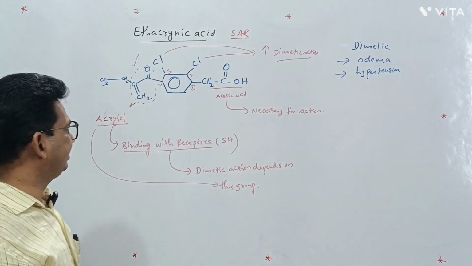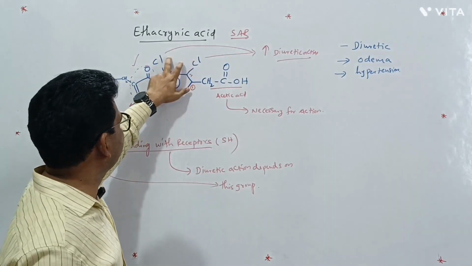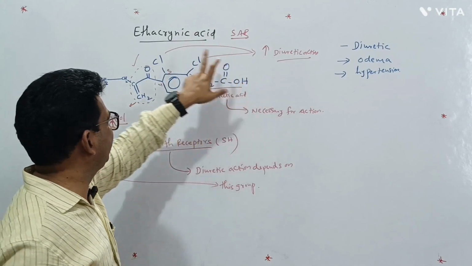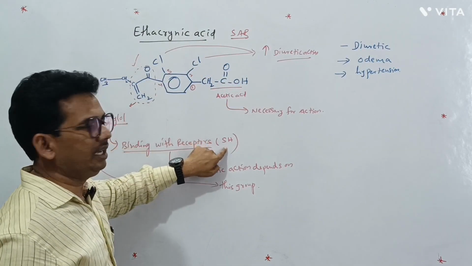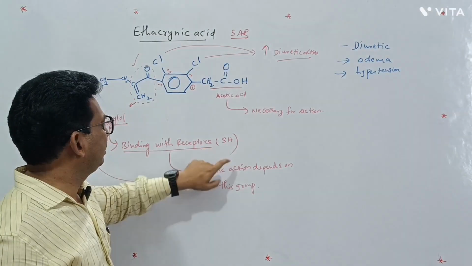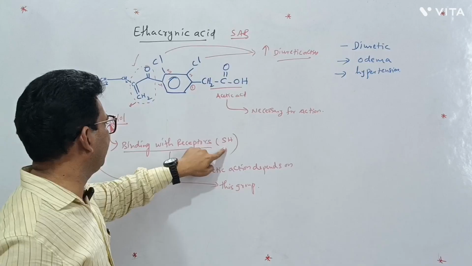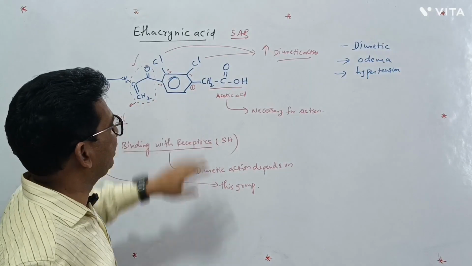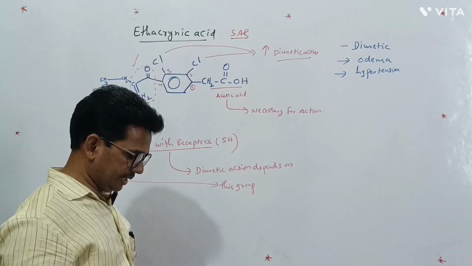The acid group is necessary and both the chlorine halogens are necessary because the withdrawing group always increases the effect. Then the acrylyl group binds with the receptors, especially the receptor having the mercapto group, in the renal system, and then it will act as a diuretic. This is about ethacrynic acid.